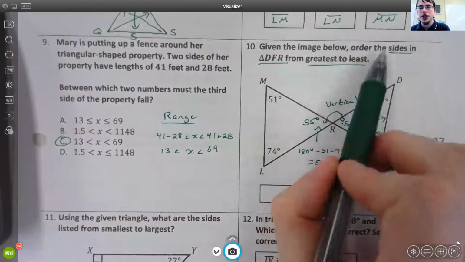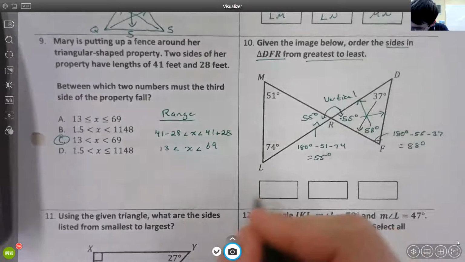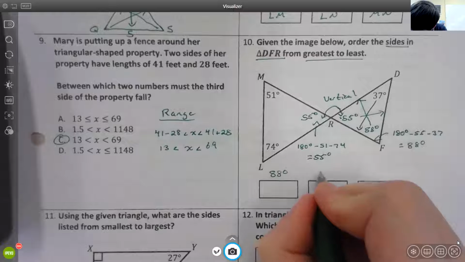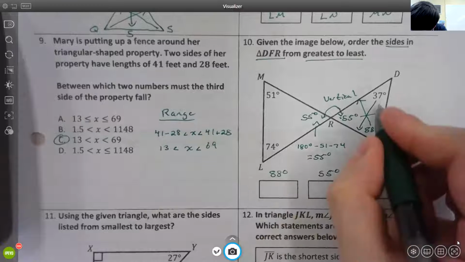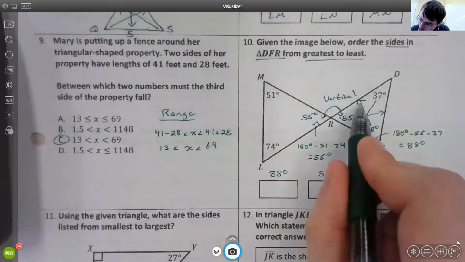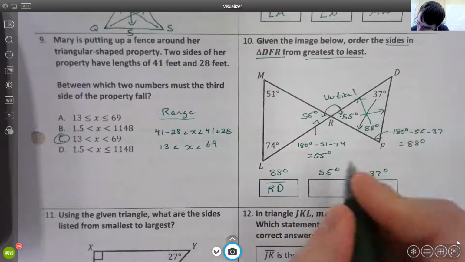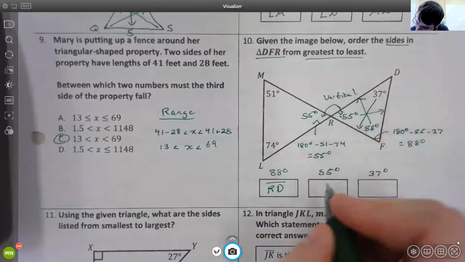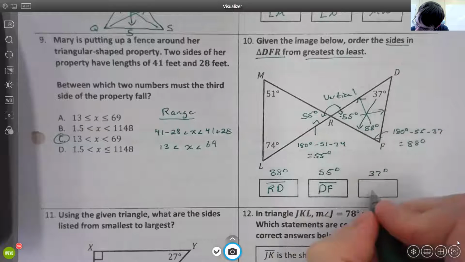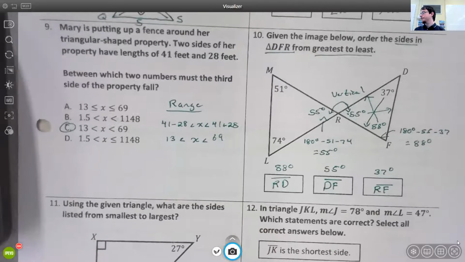And it wants us to list the sides in order from greatest to least. So the greatest angle is 88. The next one is 55, and 37 is our least. 88 degrees points to RD. 55 degrees points to DF. And 37 degrees points to RF.